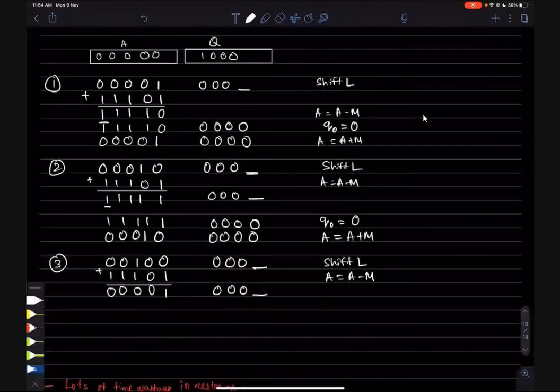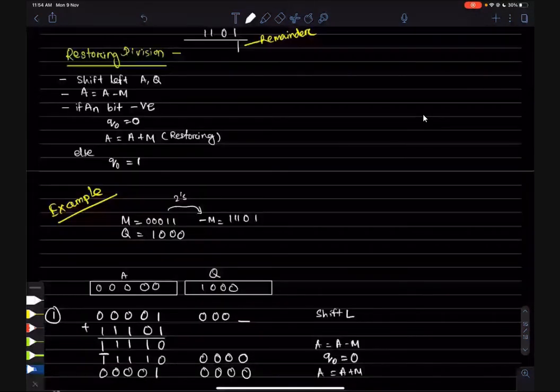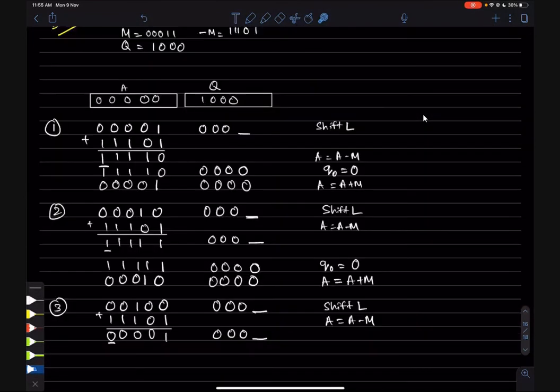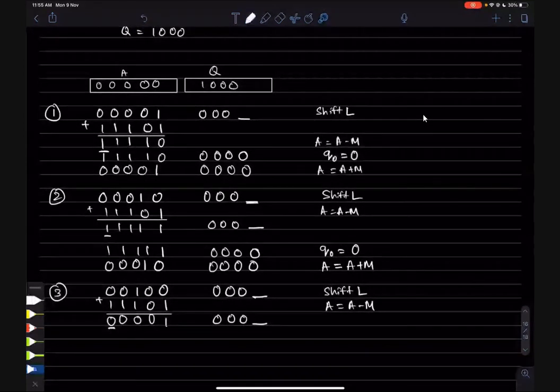So we have to test the a n bit. Now the a n bit is positive. That means we have to do q0 is equal to 1. The a n bit is not negative now, so we have to execute the else part: q0 is equal to 1. So we will write here q0 is equal to 1, and this is 0 0 0 1.